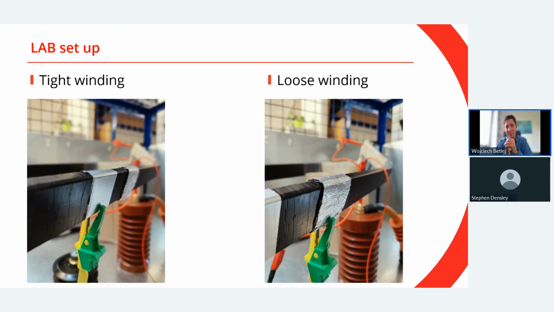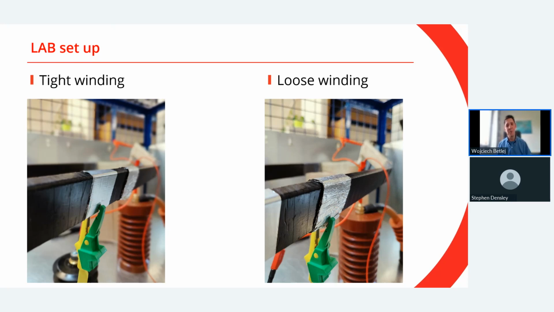They quickly said yes, and in just a few minutes, this is what they did. They took one of the old stator coils and wrapped aluminum foil around it. On the left-hand side, you can clearly see that the aluminum foil is tight. On the right-hand side, the same aluminum foil is loose. It's not really touching the stator bar surface.